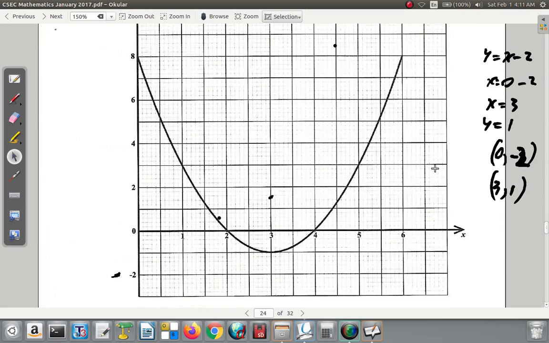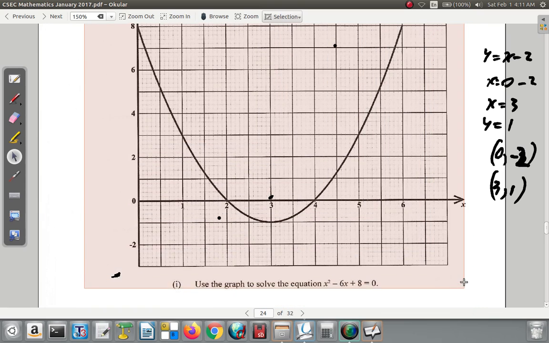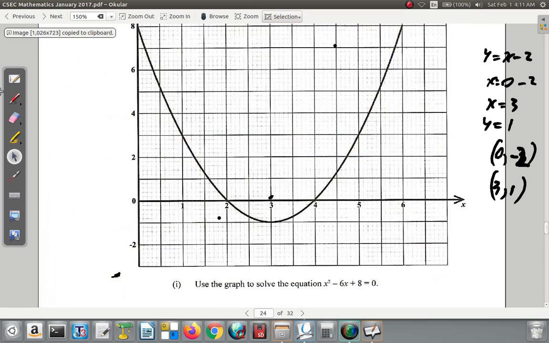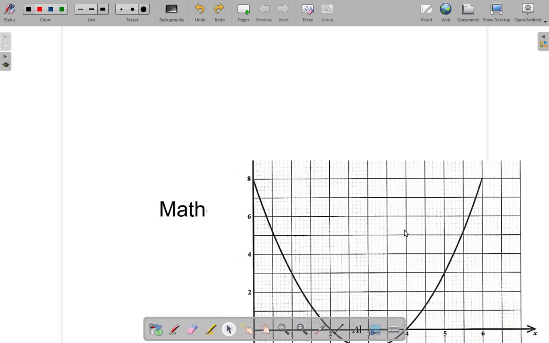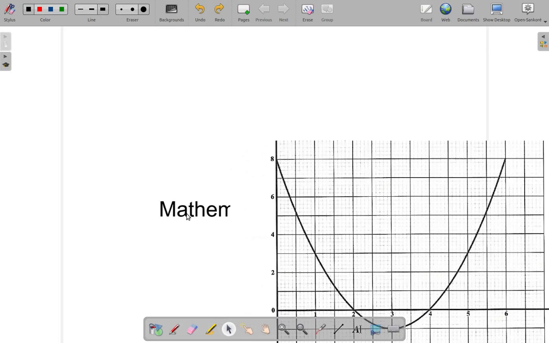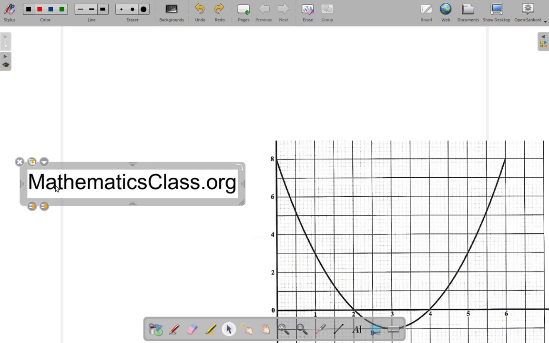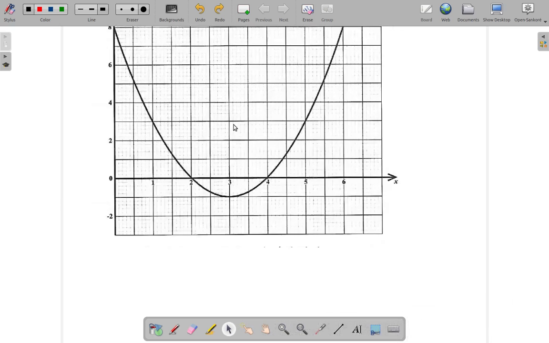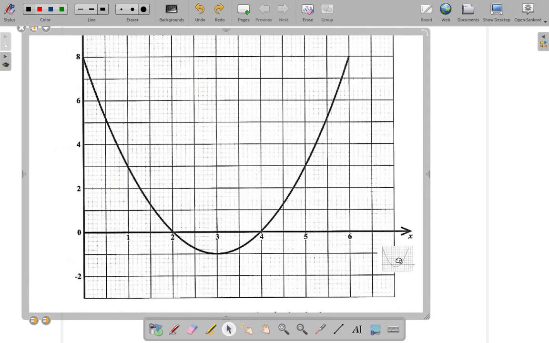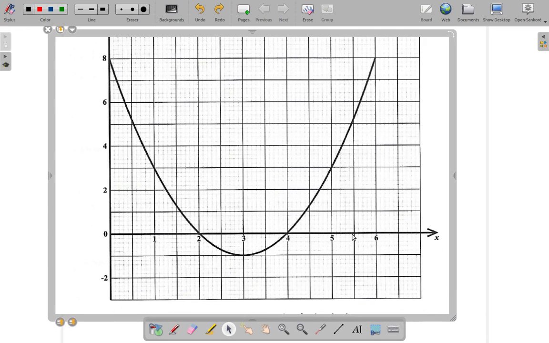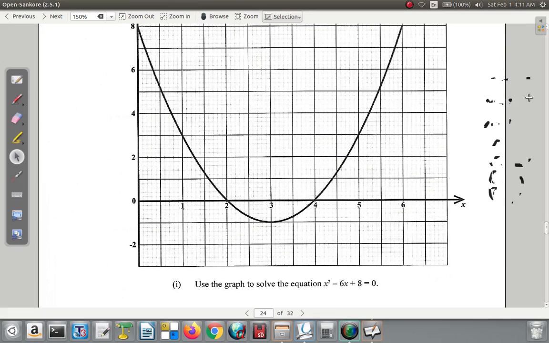What we do, let's copy this graph and put it in the screen where I have this straight line feature. Let's copy here and paste it right here. Oh, I had my website here, mathematicsclass.org. Let me put this graph here. Good. What were the coordinates again?